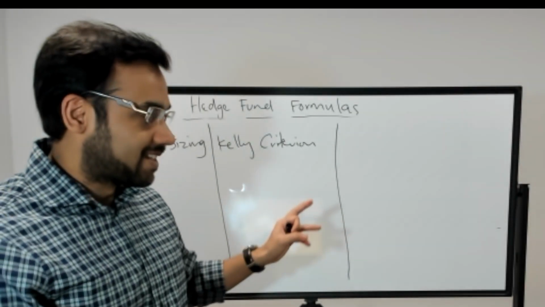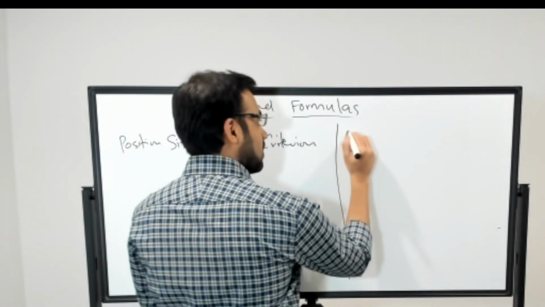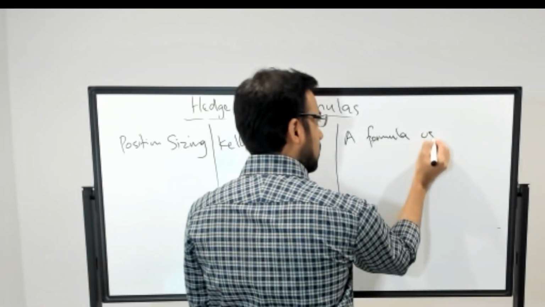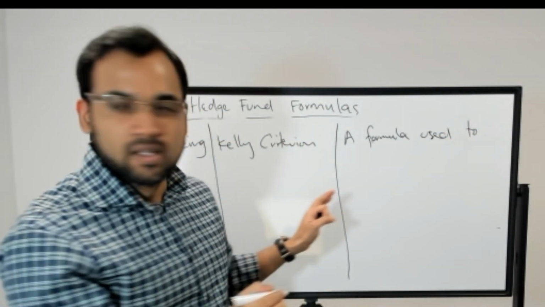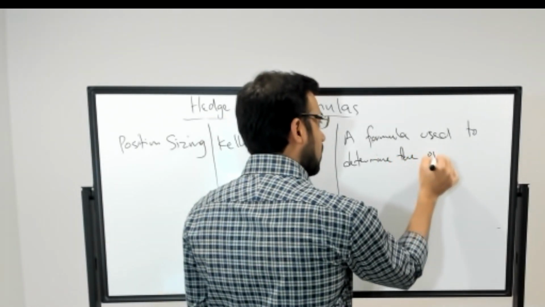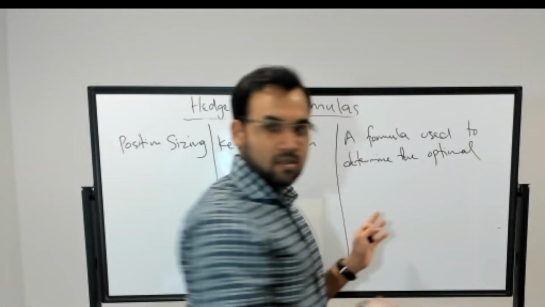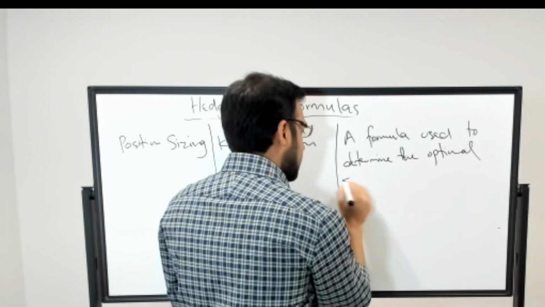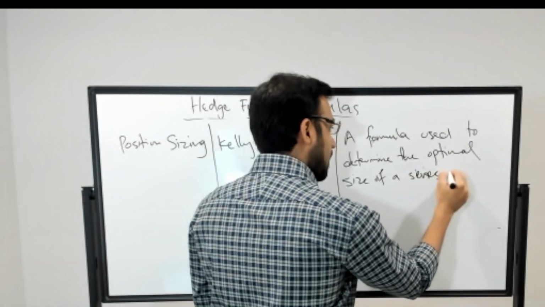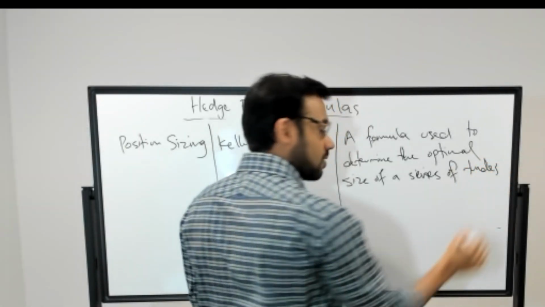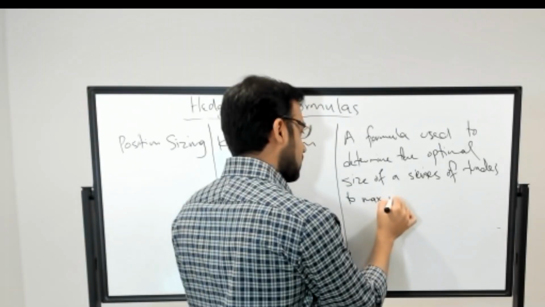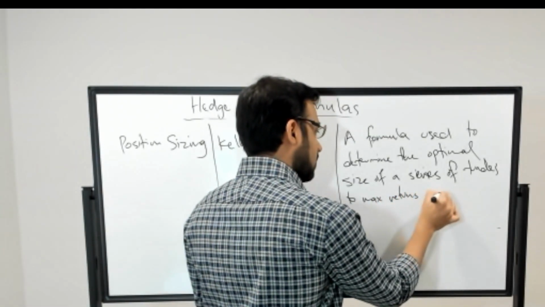Now Kelly criterion is a formula used to determine the optimal size of a series of trades to maximize returns over time.